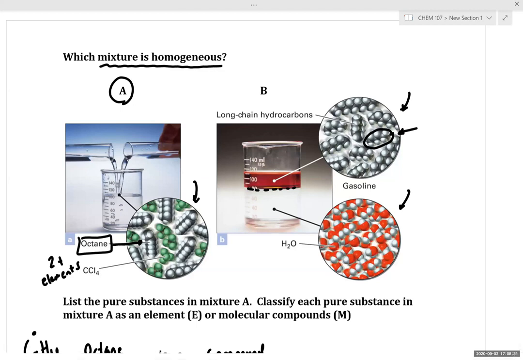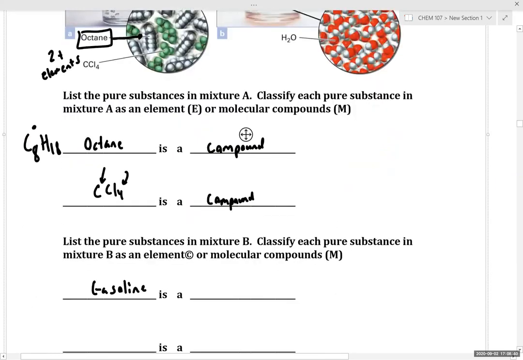Two or more. So then what would we call this then? An element or a compound? Compound, exactly right. So gasoline contains molecular compounds.